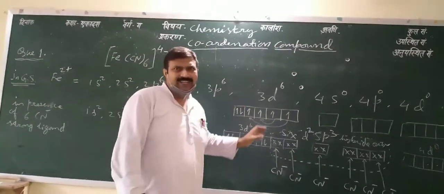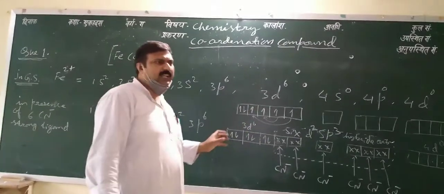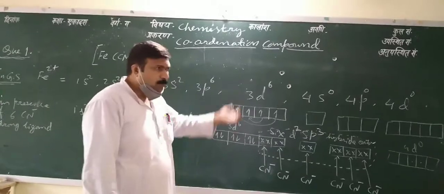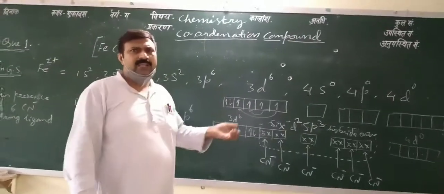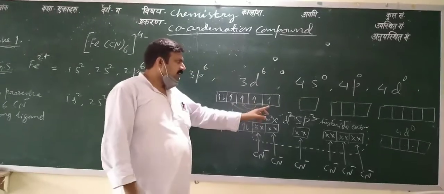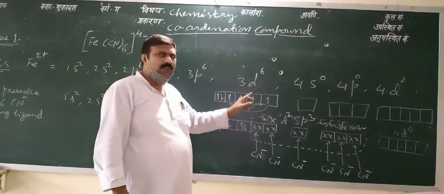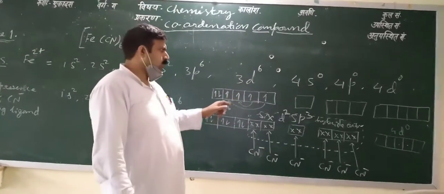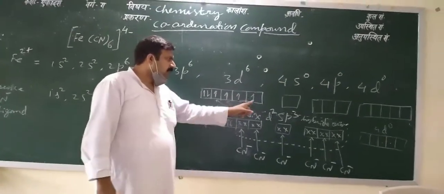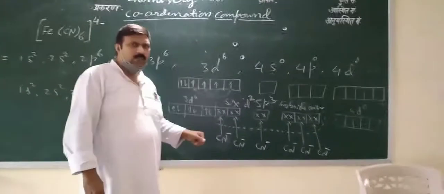H2O is a weak ligand, so it cannot produce strong pairing energy. So the unpaired electrons of the inner d orbitals in [Fe(H2O)6]2+ will not pair in the inner orbitals.